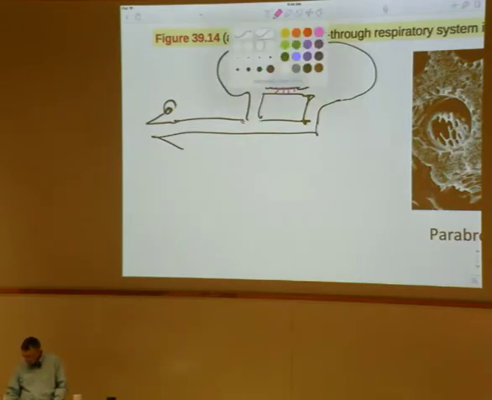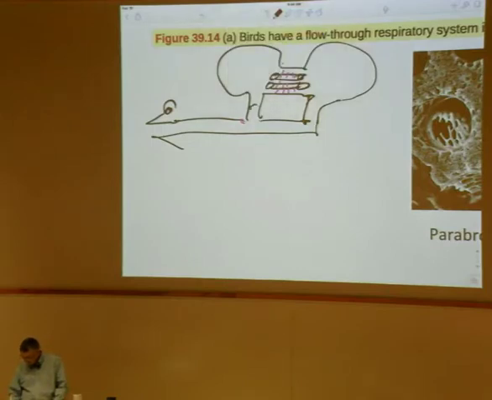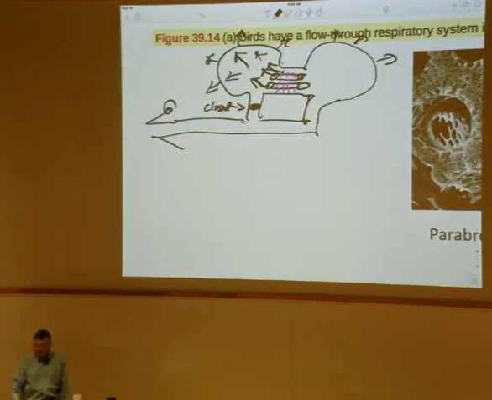Okay, inhale. I'm going to go through this quickly because it's in the video. Inhale, that's closed, and all of these sacs are expanding. That means air is being pulled out of the parabronchi, and so we have one-way flow of air through the parabronchi.